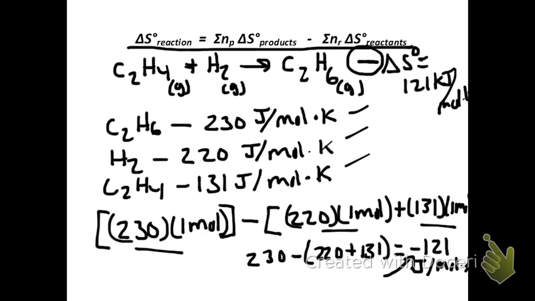Make sure you understand the second law of thermodynamics really well. Make sure that you can calculate delta S using this reaction that we just went over. Also, make sure you understand the definitions of spontaneous and non-spontaneous processes, because those will all be on the quiz as well. Alright, and that will be it for now.